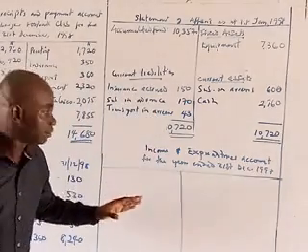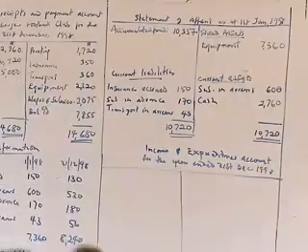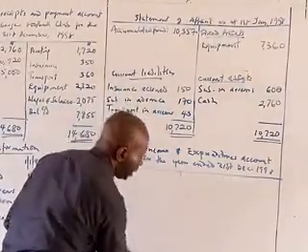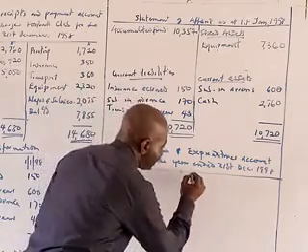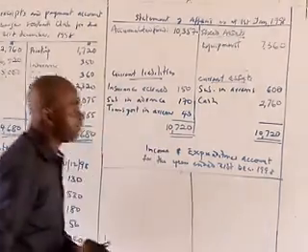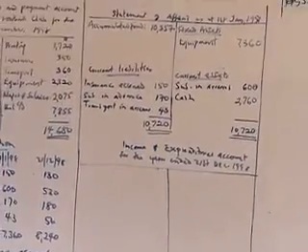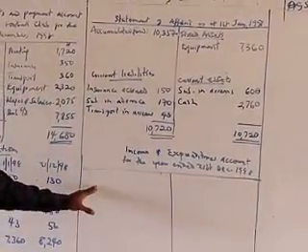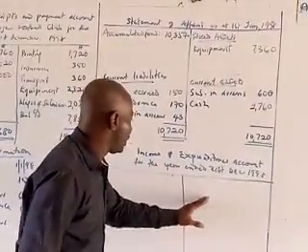I told you that this account is prepared to arrive at either a surplus or a deficit. So this side is to record your expenditure and this side is to record your income.